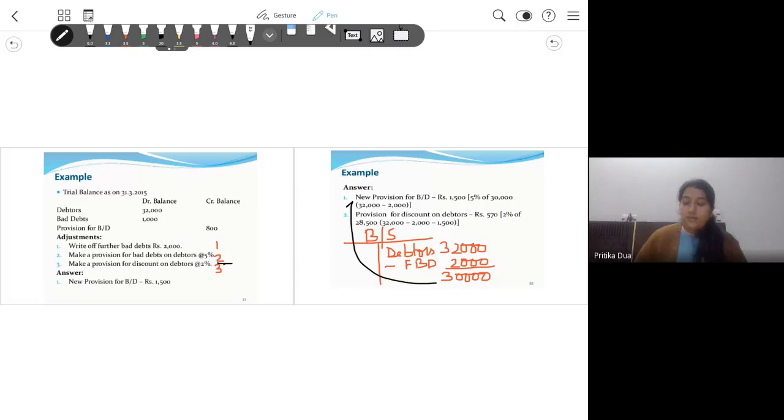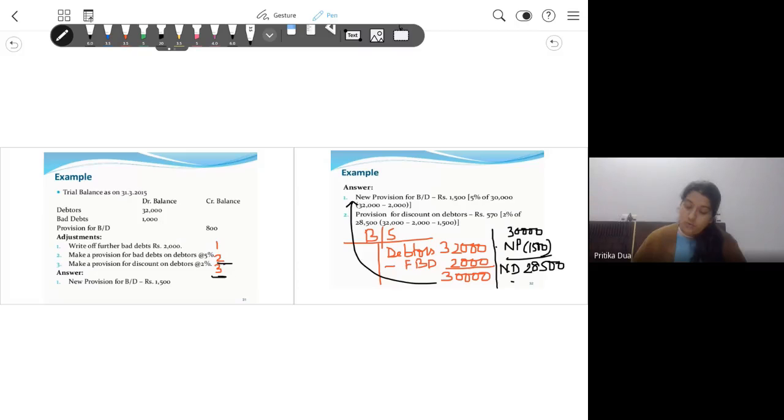After deducting this 1,500, so I just shortage of space. तो 30,000 में से आप न्यू प्रोविजन माइनस करोगे 1500 का, और अब आपके पास जो नेट डेटर्स बचेंगे वो बचेंगे 28,500. So now we will come to the calculation of provision for discount on debtors, which will be 2% of 28,500. जो आप यहाँ पर देख सकते हो 570 आ रहा है.